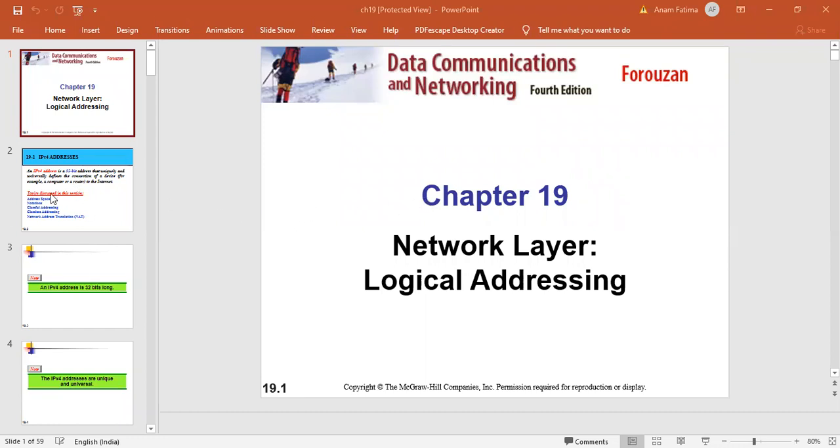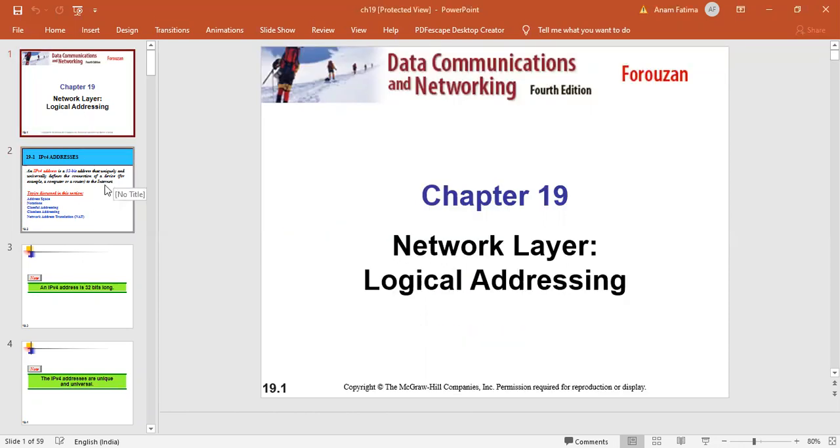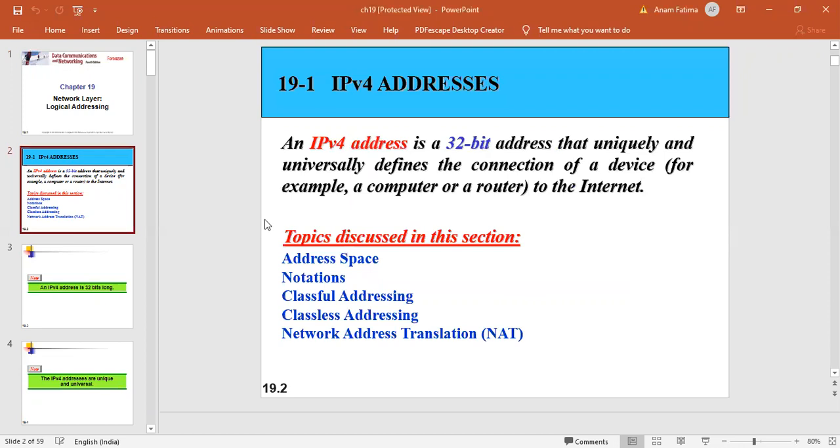Now we'll start this week with the third layer, the network layer. Till now, when we were discussing the OSI model, we'd seen that the first layer is the physical layer, which is responsible for the synchronization of the bits when you're placing them over the channel and how they travel from sender to receiver.